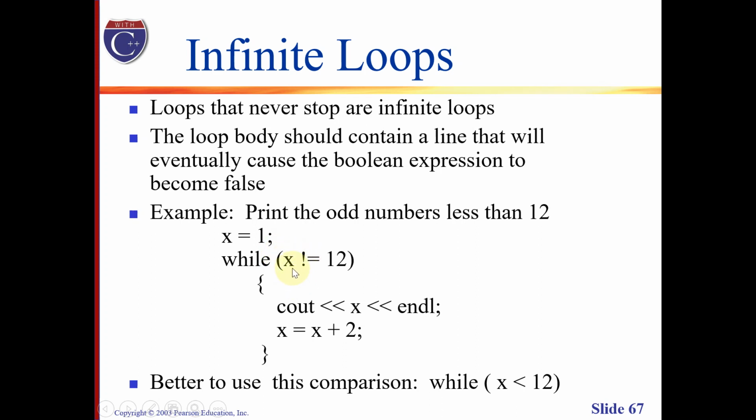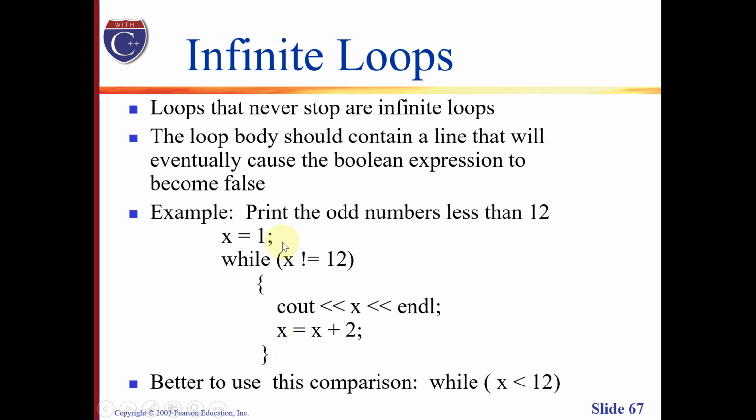As you can see here, x has an initial value of 1, so therefore we are going to determine if x is not equal to 12. Therefore, it is true, so we will execute this, output whatever the value of x is, then update our x using this operation. So if the current value of x is 1, then plus 2, that would be 3.